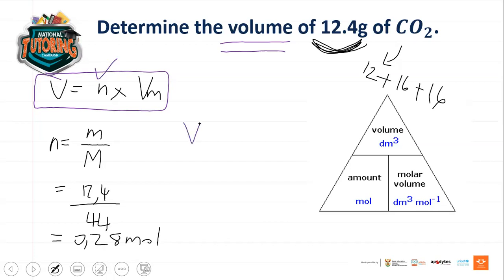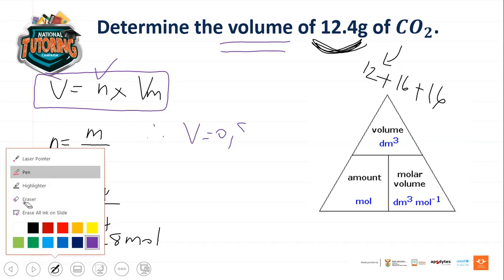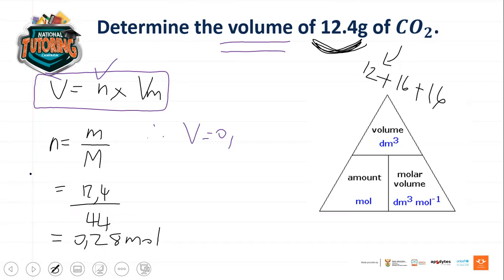So the volume is 0,28 moles times the molar volume, which is 22,4. 0,28 times 22,4, and I get 6,3. Let's round off to 1 decimal place.